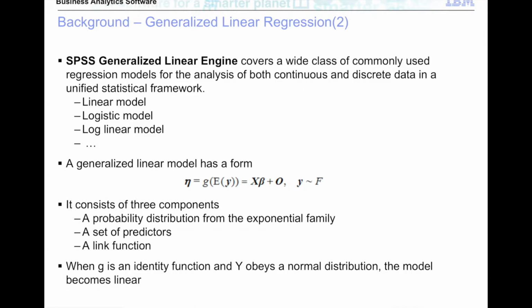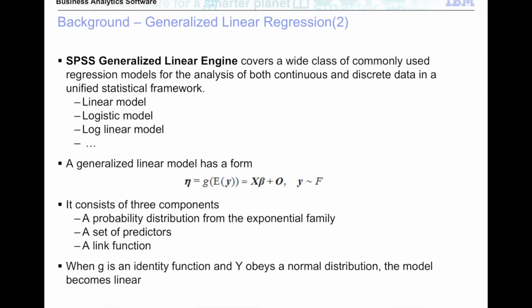The model consists of three components. First, a distribution from the exponential family. Second, a set of predictors. Third, a link function. The distribution of the target is extended to normal distribution, Poisson distribution, gamma distribution, inverse Gaussian distribution, and so on.